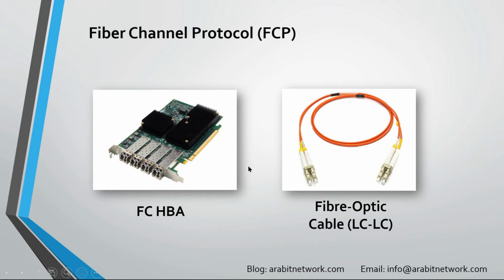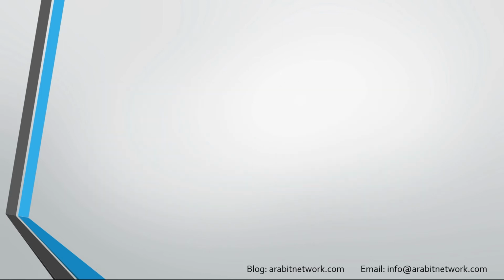But in this sample, we are talking about storage. This type of cable could come in different colors, with this connector. This connector is called LC, and this cable has the same connector on both sides, so it's called LC-LC. This cable is hooked to one of these ports here, and the other end is connected to a storage system maybe, or a storage switch. We will learn about storage switches and storage fabrics later in the course.